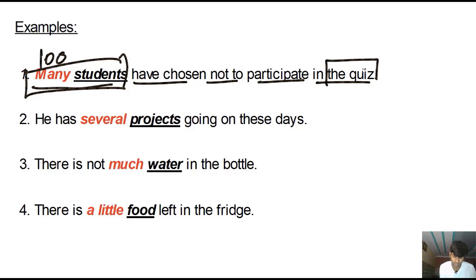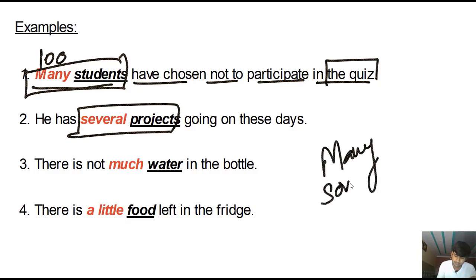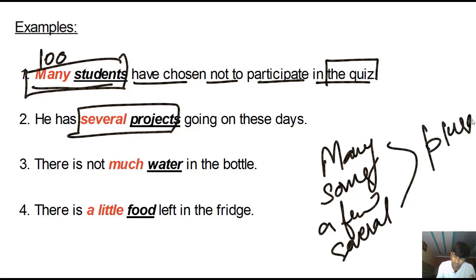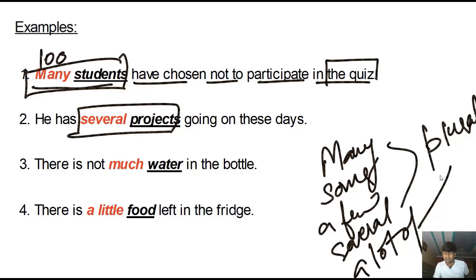Another noun phrase: he has several projects going on these days. After many, some, a few, several, which mean more than one, you have to use a plural noun. Many people, some people, a few people, several people, a lot of people. You cannot use a singular noun after these quantifiers.